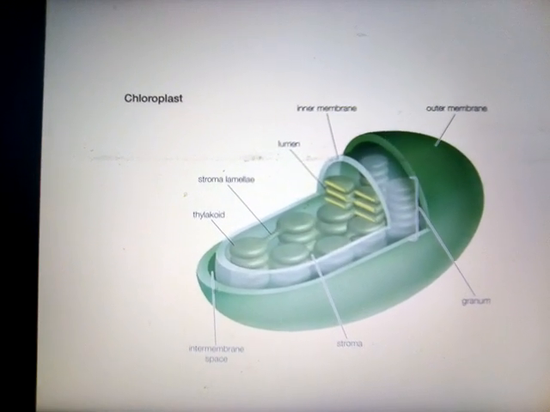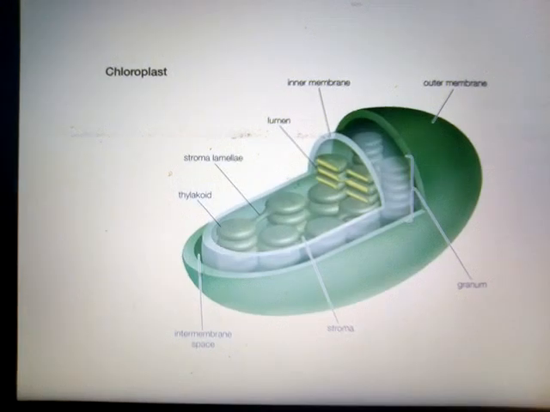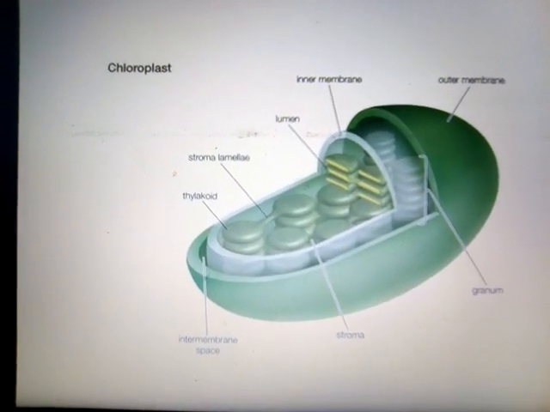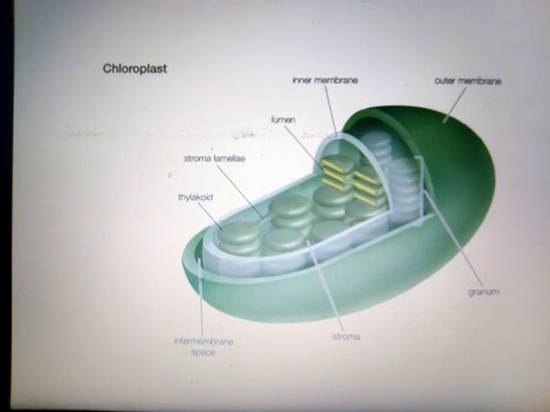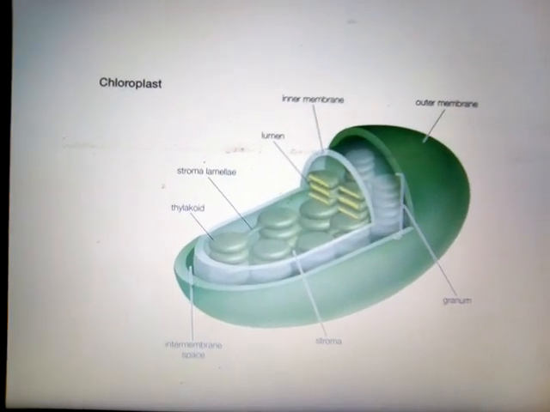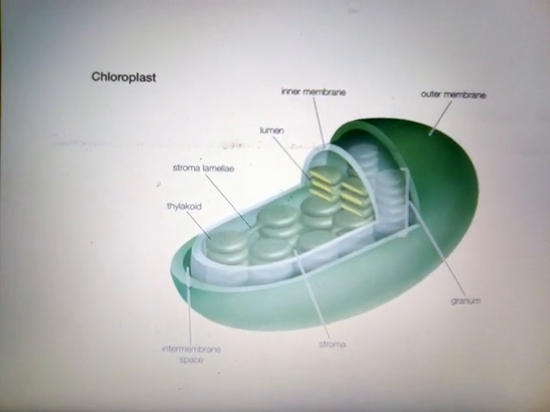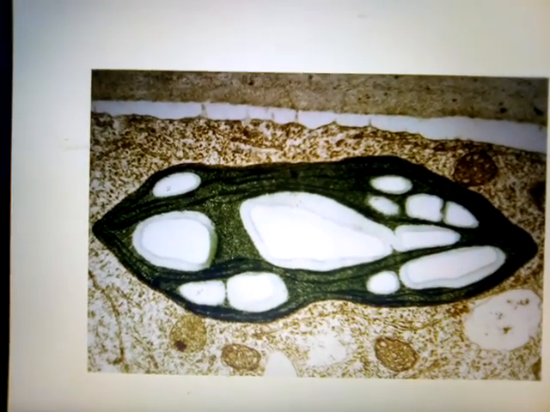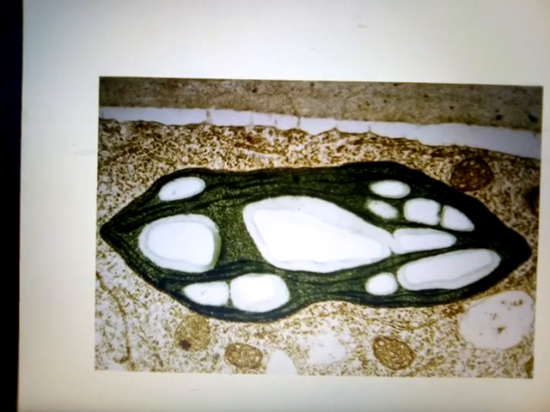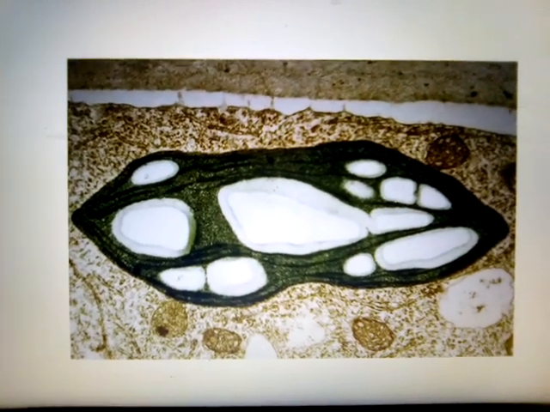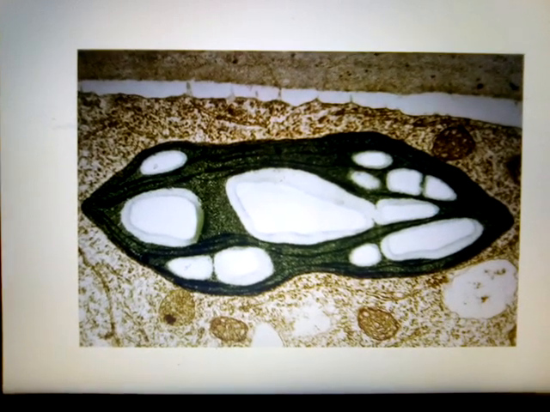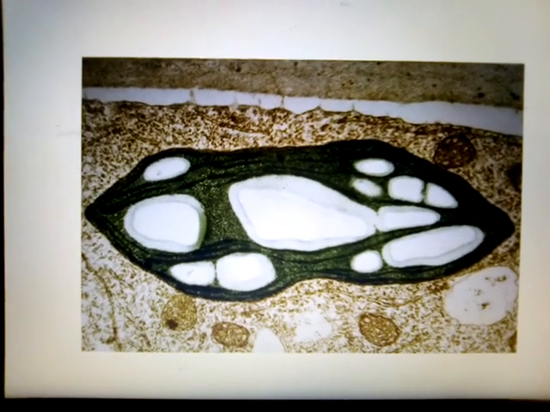You can look at it closely. This is another representation of a section of a chloroplast.